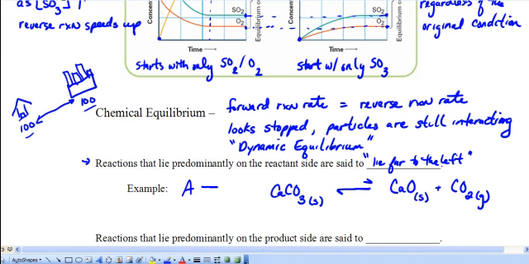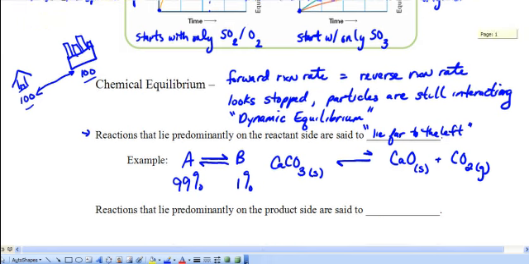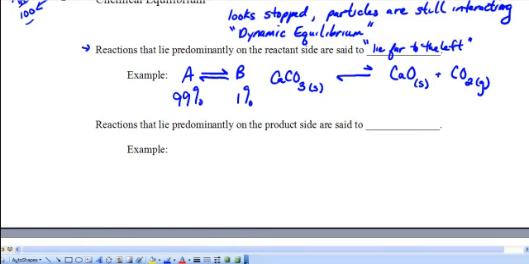So if I did this generically, I would say A and B are in equilibrium with one another, and now I'm using two arrows that are equal size, but at equilibrium 99% of the molecules might be A when only 1% of the molecules would be B. So very little of it goes to the right. Most of it stays on the left. On the flip side of that, you have reactions that do the opposite, where if you have A in equilibrium with B, 99% of it might be on the product side while only 1% of it is on the reactant side.